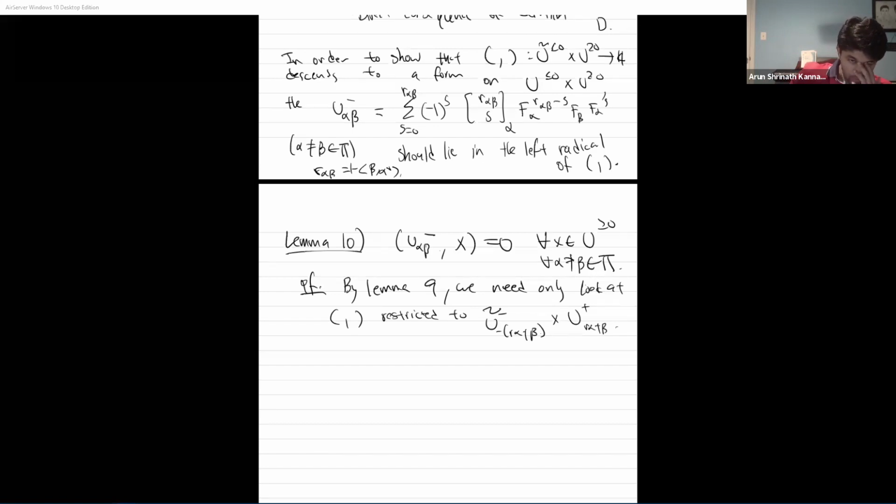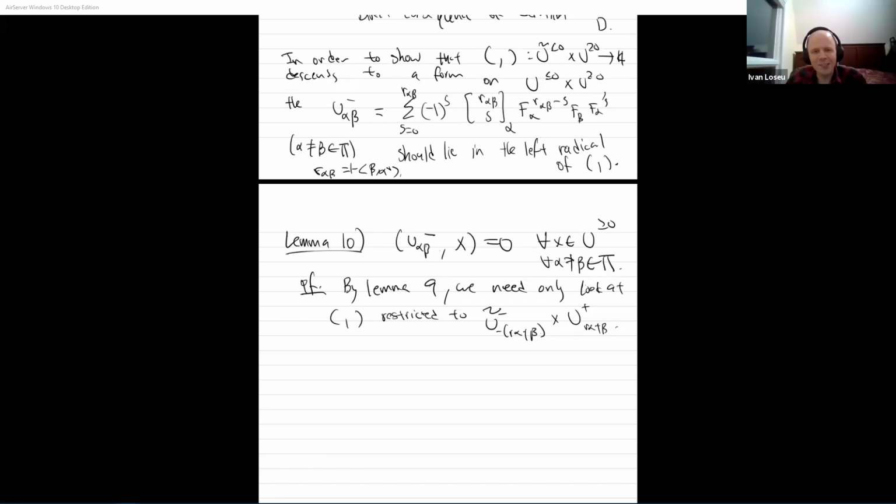I was told that leaving the general case as an exercise was cruel, especially in type G2. I think Jantzen does provide some computations along these lines, but we shouldn't show them.